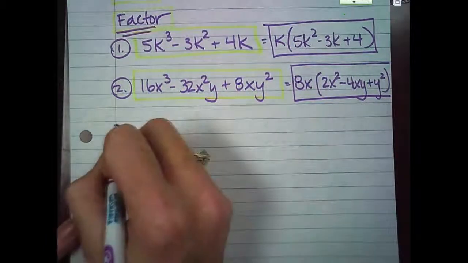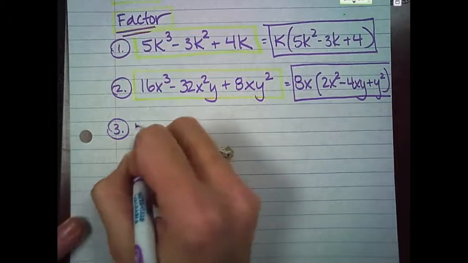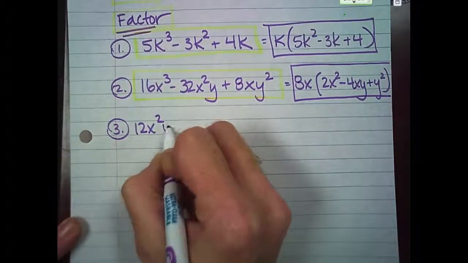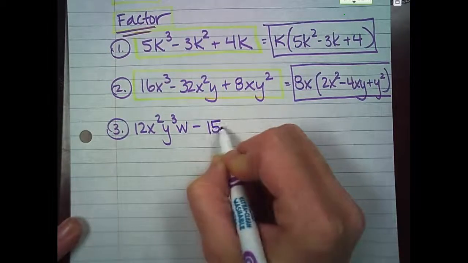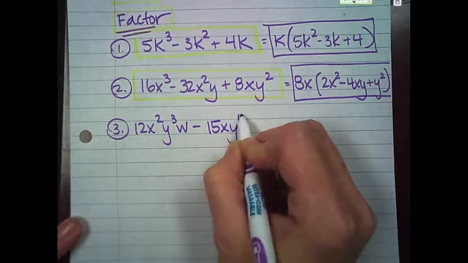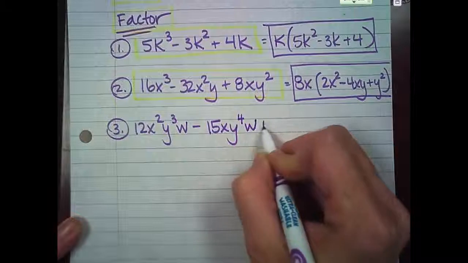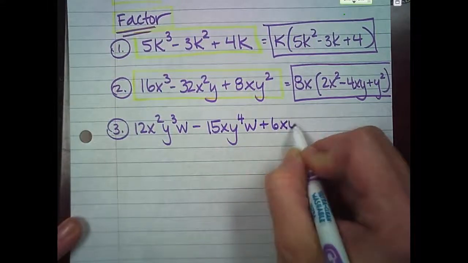Number 3. 12x squared y cubed w minus 15x y to the 4th w plus 6x y cubed w.